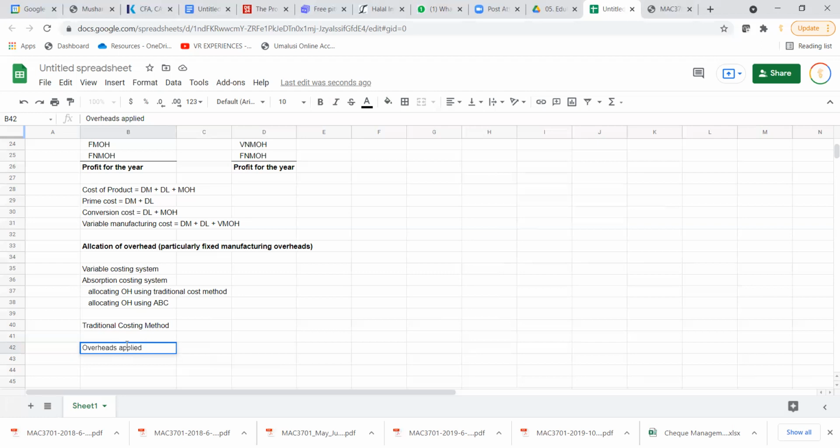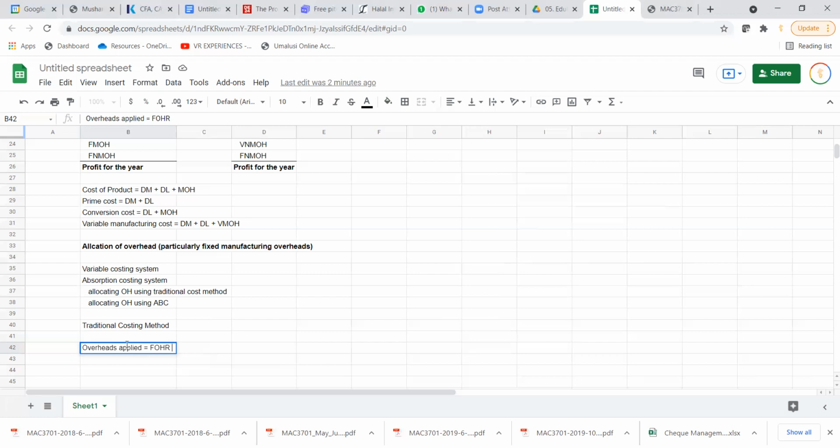So overheads applied equals the fixed overhead rate. Overheads applied refers to the amount of fixed costs that you allocate to the cost of a product. Okay, so that's very important.